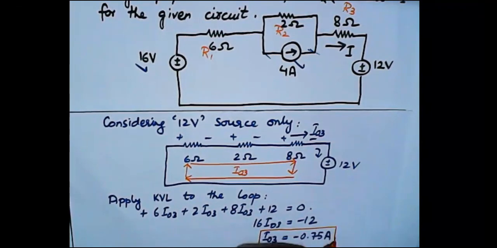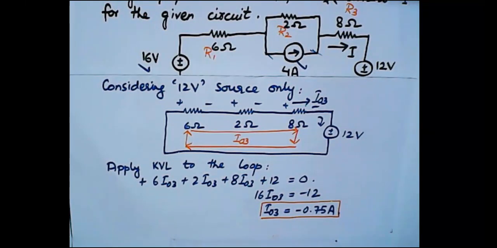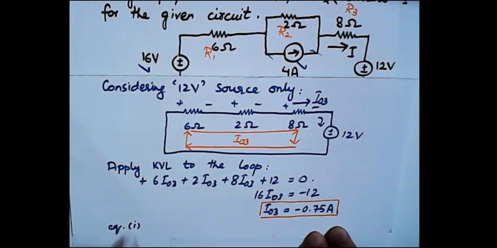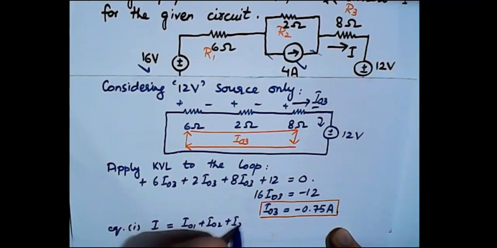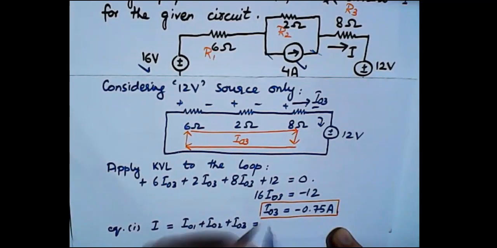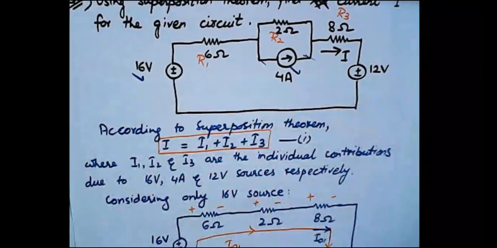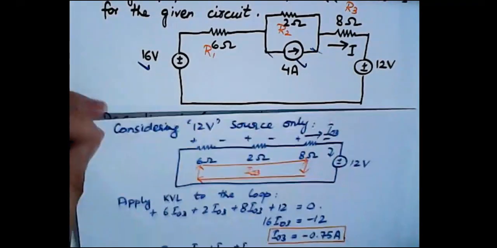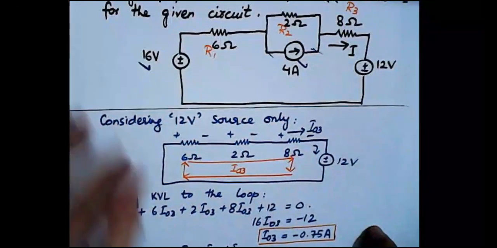Minus 0.75 amperes. And now since we have got the values of all the currents, we know that as per equation 1, the total current I is the sum of I1, I2, I3, or since we have named them I01 plus I02 plus I03. The value of I01 is 1 ampere, right? Similarly, the value of I02 is 0.5 amperes, right?